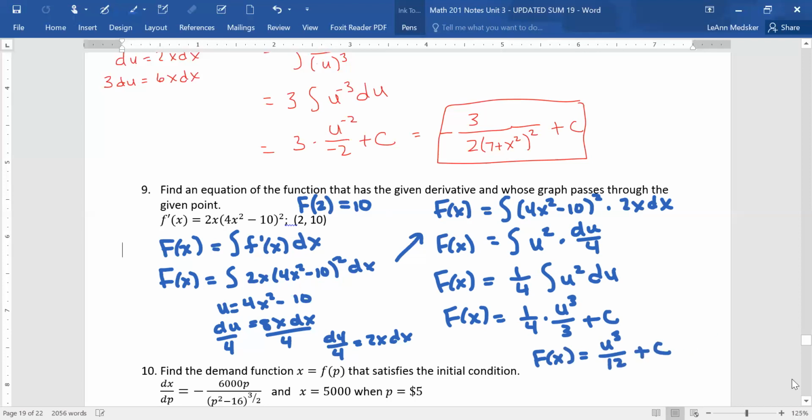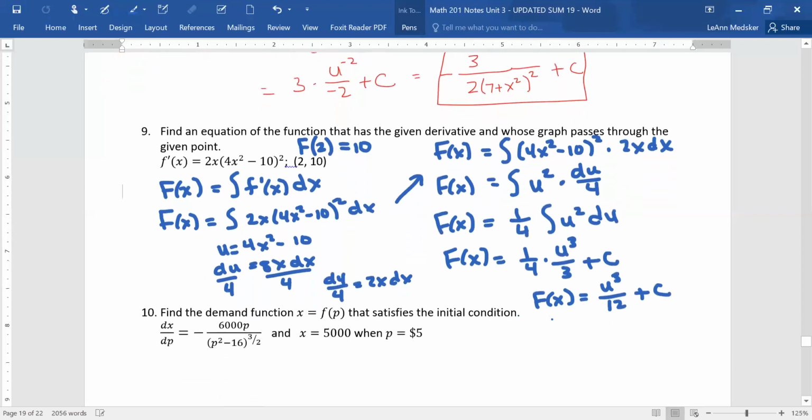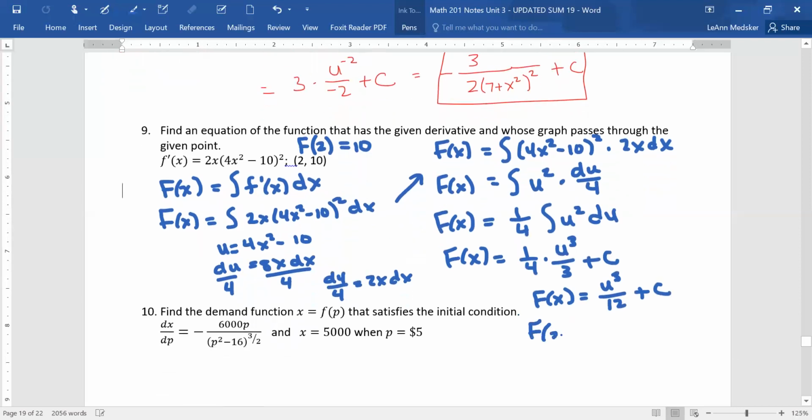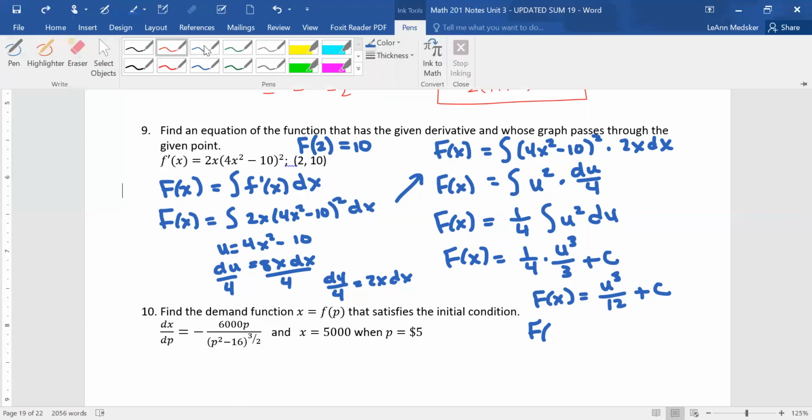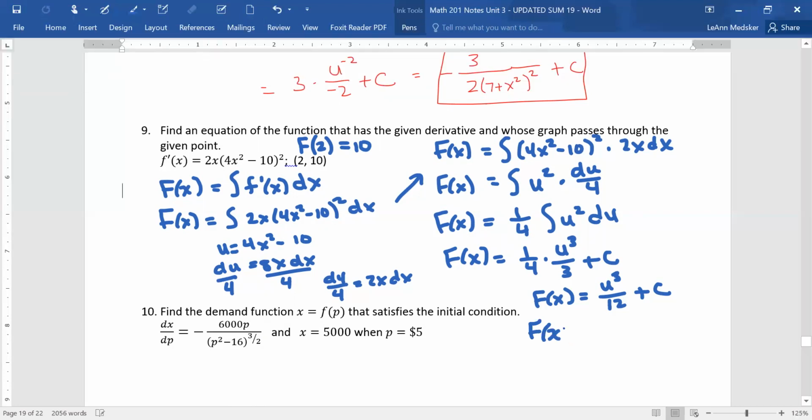But now we know f of 2 equals 10 for our big function. So f of 2, which means we're plugging, oh, sorry, I haven't substituted back in. Let's fix that first. So f of x, because we need it to be in terms of our x, not our u, is, remember, what was our u? 4x squared minus 10 to the third over 12 plus c.